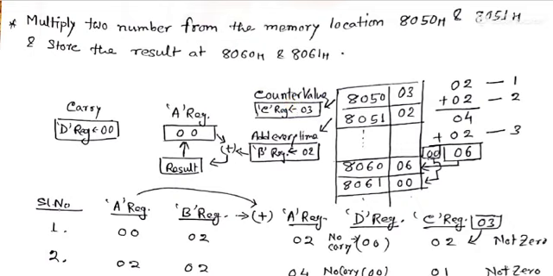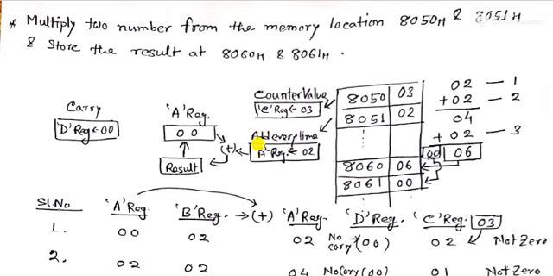Now from location 8051, we take the value which is to be added repeatedly. The 8051 value is moved to the B register, and the B register contains 02. So we have to add 2 three times. How is it possible?